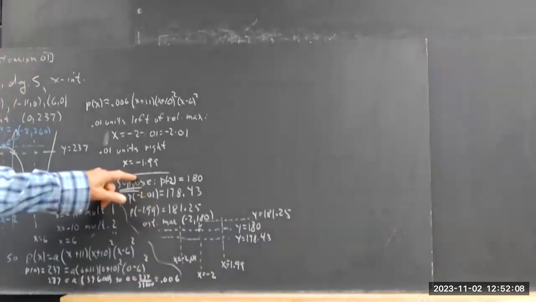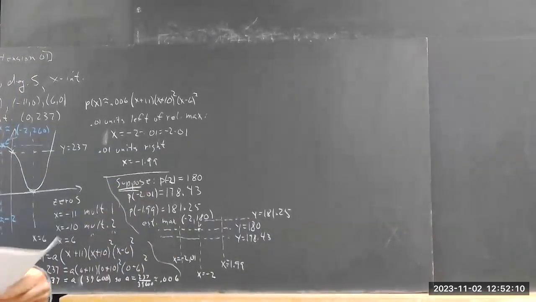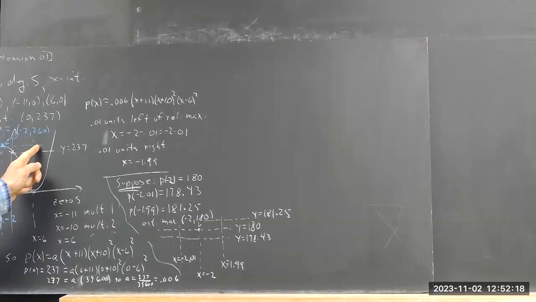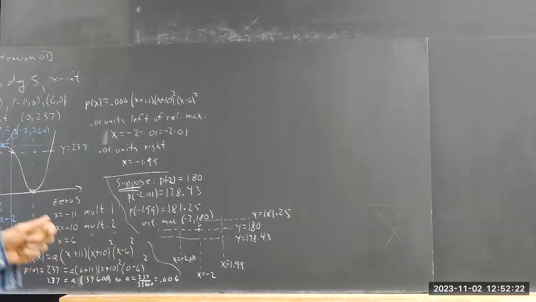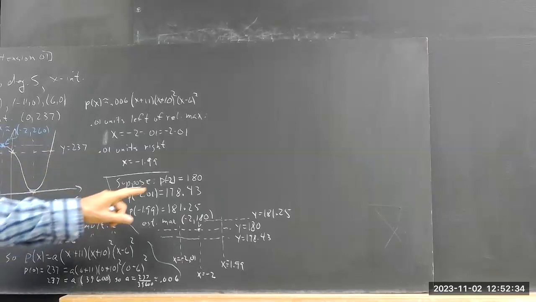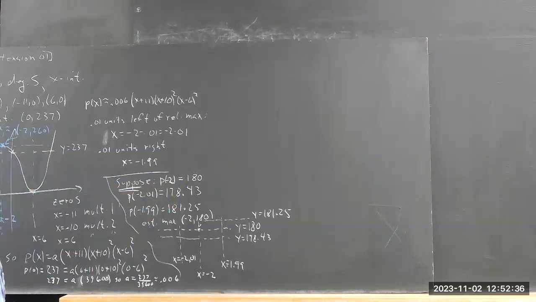This picture should make it clear what's going on. So let's think about where we are. We estimated the relative max to be at -2, 260. That's just an estimate from our graph. We don't know how accurate it is. We don't know how accurate we made our graph. So we're estimating that that takes place when x equals -2. Then we check it. We find P of -2 to be about 180. I actually think it's probably much closer to 237 than that.